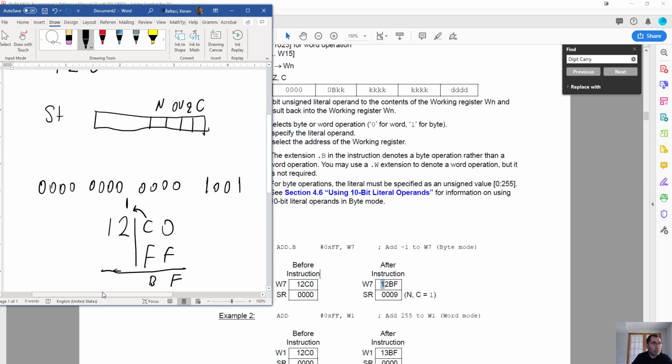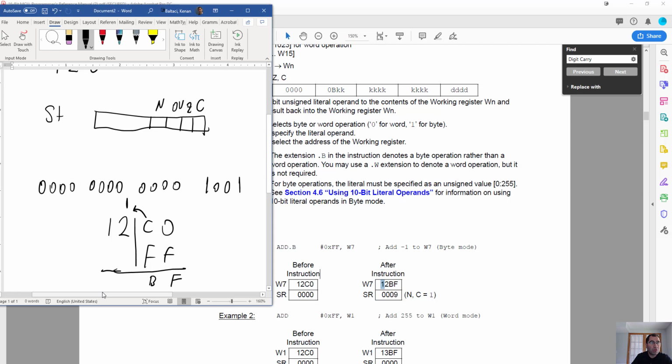So it does not go here and affect this bit. But you have the flag raised. You have a carry, but it's not affecting this bit. So C plus F is B with carry 1. If you have a question about this, please ask me, and I can explain later. So that's the carry part.